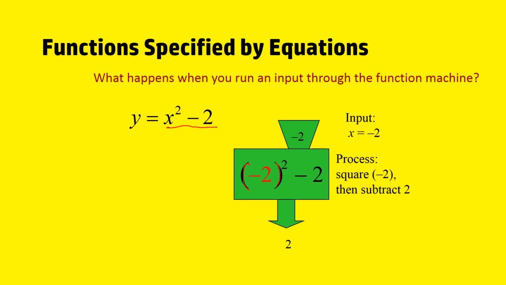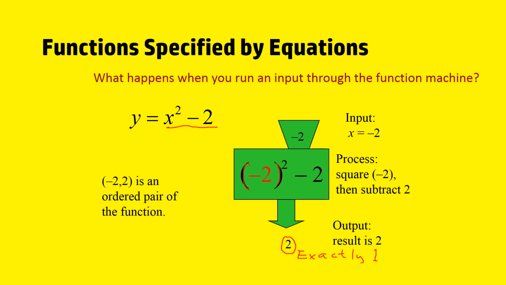So as always happens with the old function machine, we get exactly one output, which is 2. And so the point negative 2, 2 is on the graph. This was the x that we put in there, and this is the y that came out.